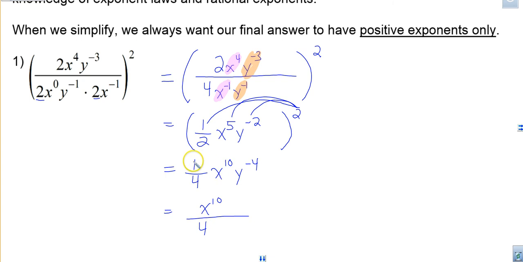So I've multiplied the numerator of 1 by x to the power of 10. Now, y to the power negative 4, remember what we would do is flip the base or make it the reciprocal. So in that case, it would just go in the denominator. So we'd have 4y to the power 4 in our denominator.